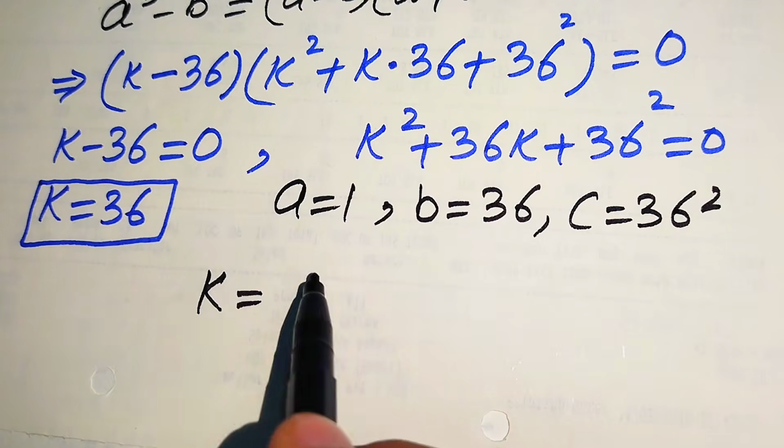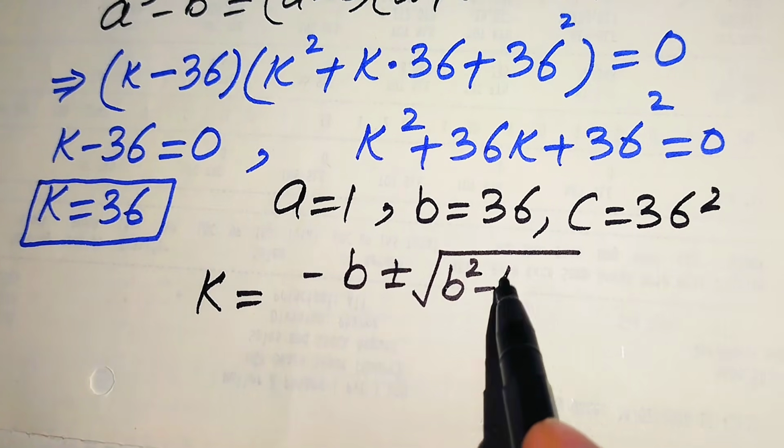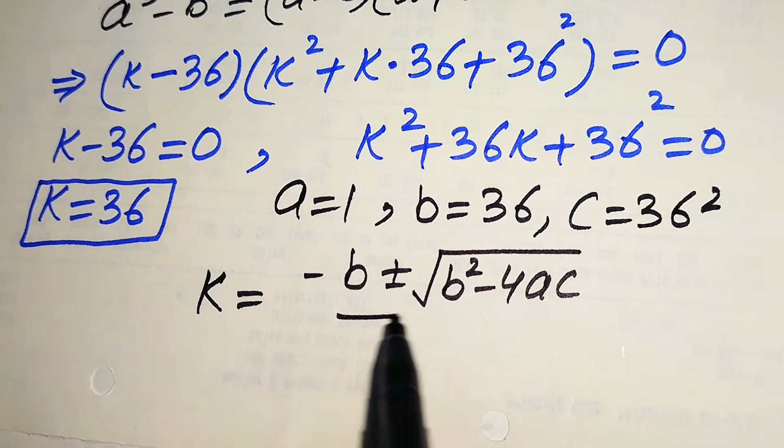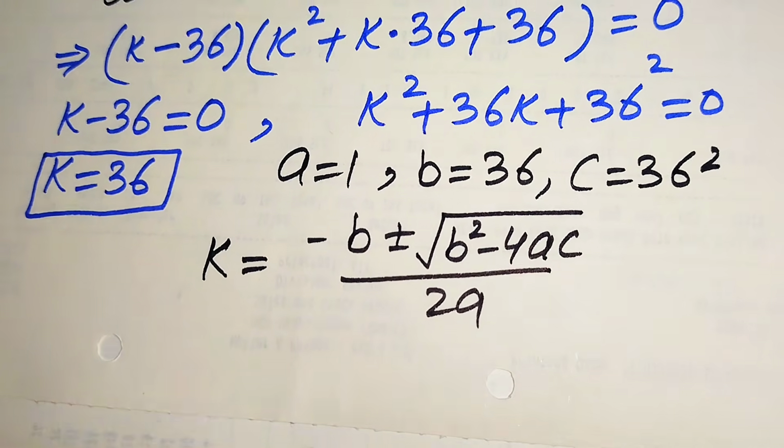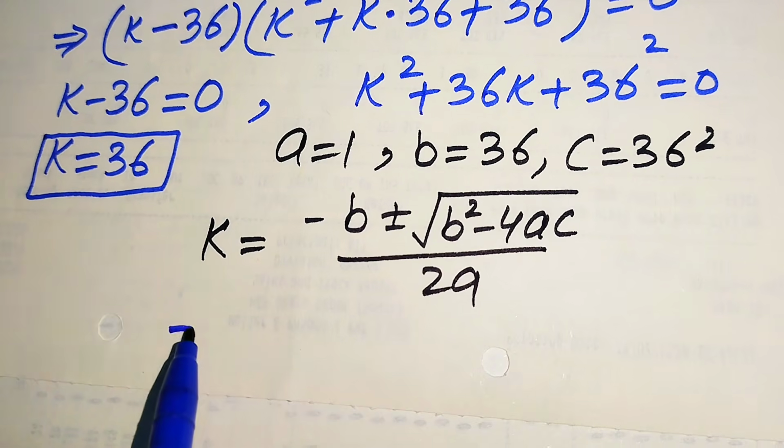We use the quadratic formula: minus b plus or minus the square root of b squared minus 4ac, divided by 2a. Here we substitute all the values of a, b, and c.